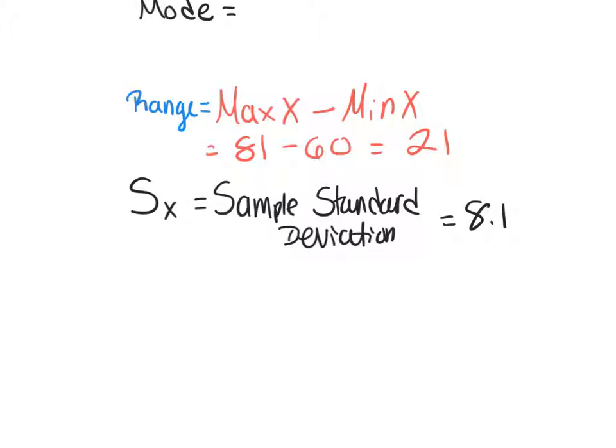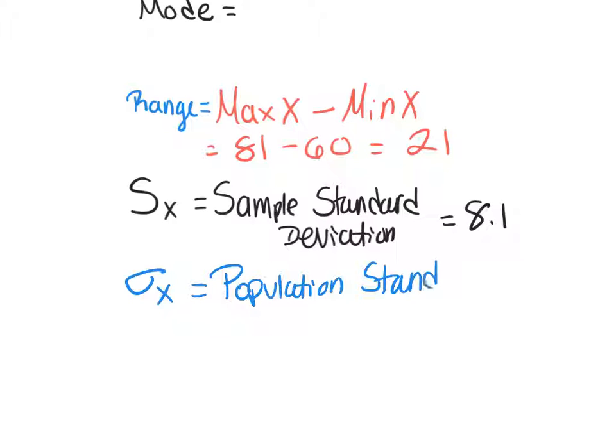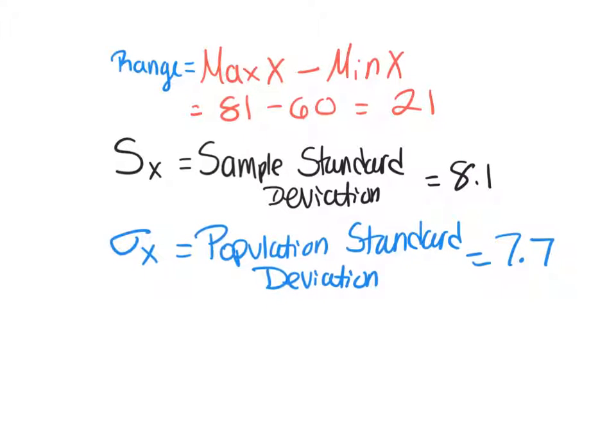And then right below it, you have the little sigma x, which is our population standard deviation, which is 7.7. Okay, so that's the stuff we can get from our calculator from that readout right now.